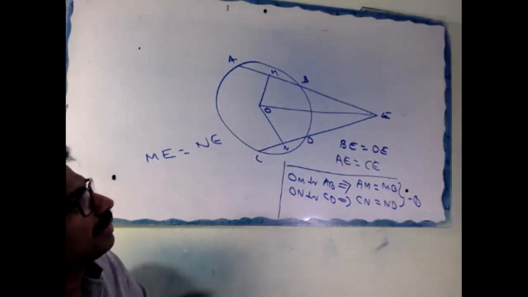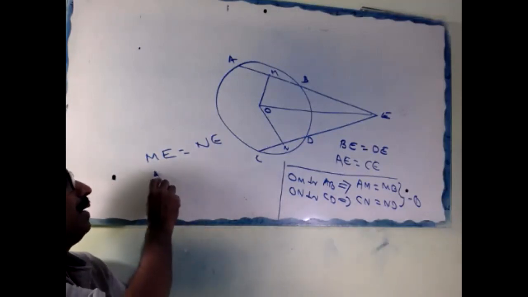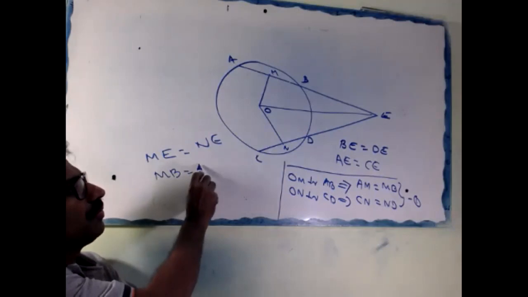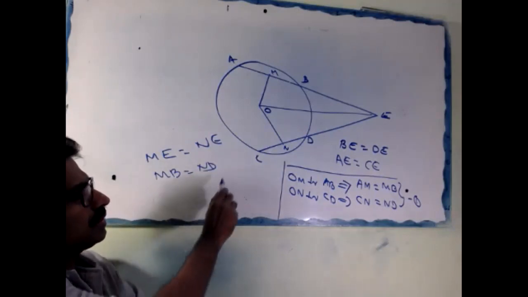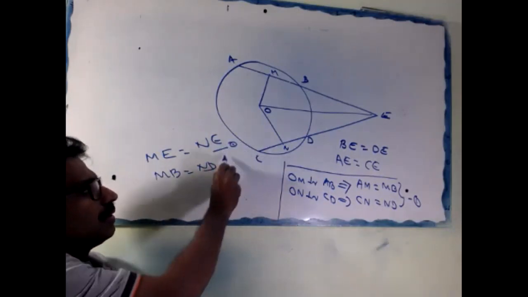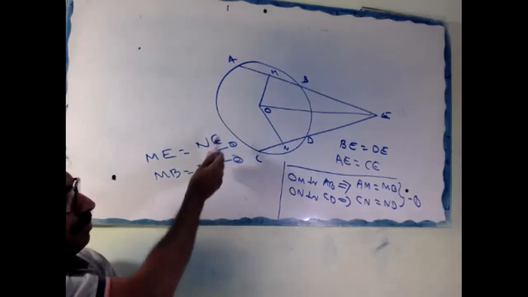Now look here. We already have MB equal to ND. This is number 2, this is number 3, we proved already.